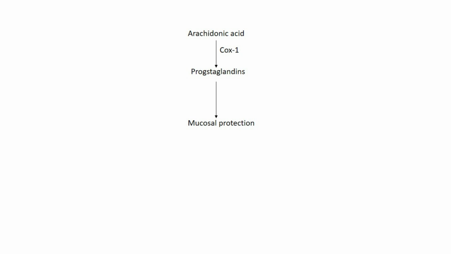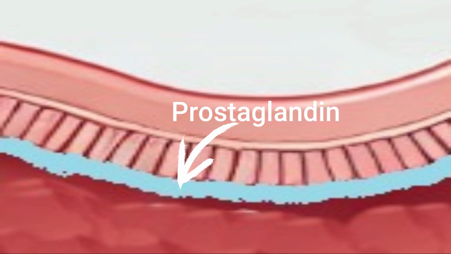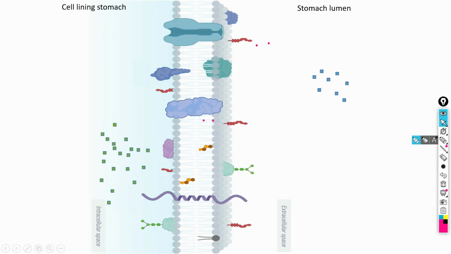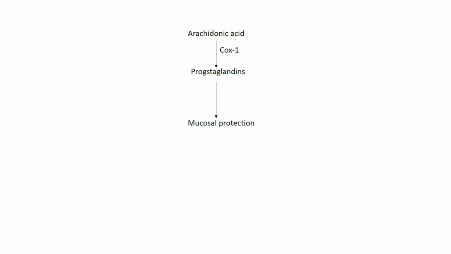This prostaglandin protects the lining of the stomach and does not allow the stomach acid to come in direct contact with the stomach cell. However, if there is too much aspirin in the cell, it prevents the formation of prostaglandin and the stomach thereby has less protection. Hence, the patient may suffer from stomach ulcer.